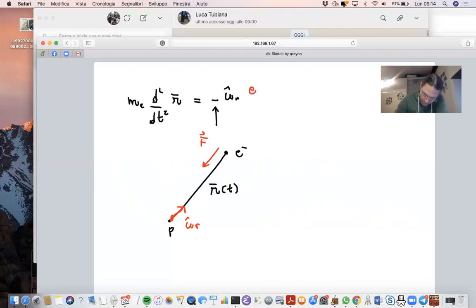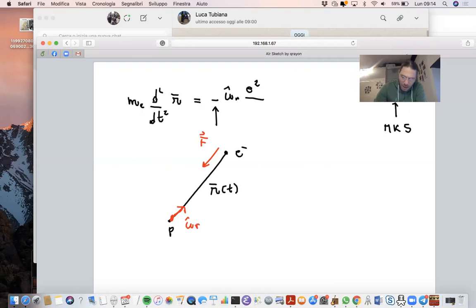Then I will get the e squared, and then depending on what units you use, you might have a 4 pi epsilon naught downstairs. This is in the international units, or so-called MKS units. I will consider a slightly different set of units called the CGS units, where there is no such denominator.